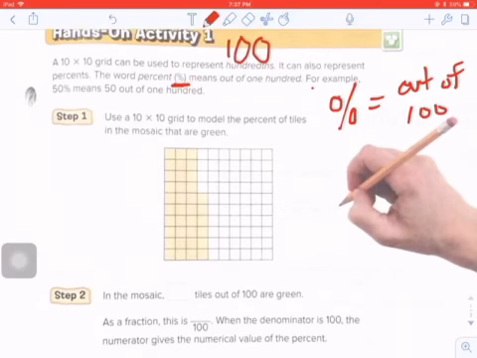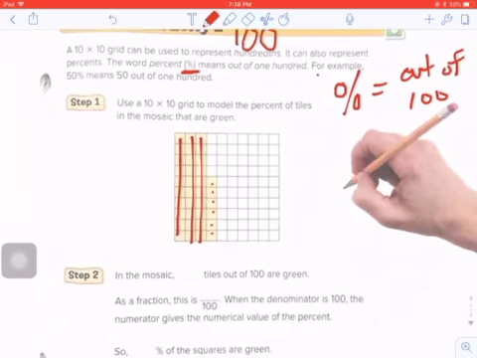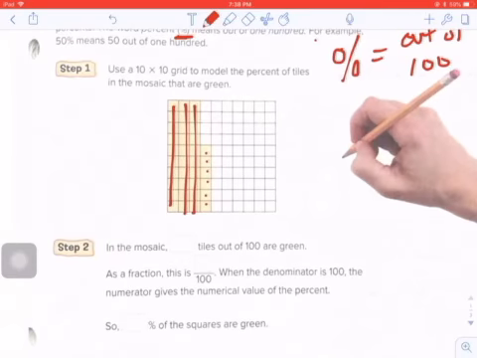Step 1 is showing us, hopefully you counted correctly, there were 36 green tiles around the outside. If we had to model that on a 10 by 10 grid, we'd shade 10, 20, 30, 1, 2, 3, 4, 5, 6. So let's answer these questions in step 2. 36 tiles in the mosaic out of 100 are green.